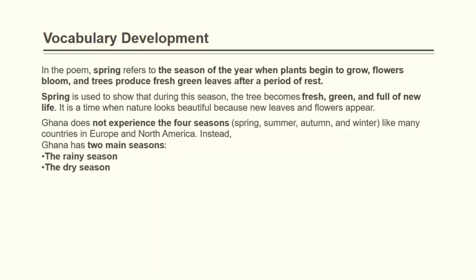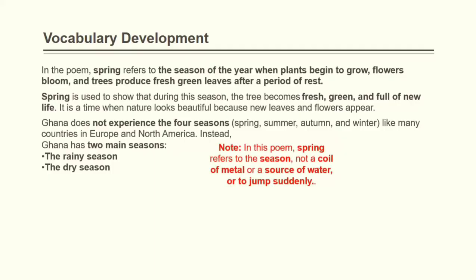Note that in this poem, spring refers to the season and not the coil of metal or source of water or to jump suddenly. What we are referring to is the season called spring and not any of these.